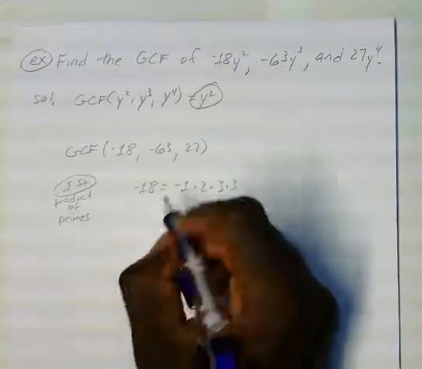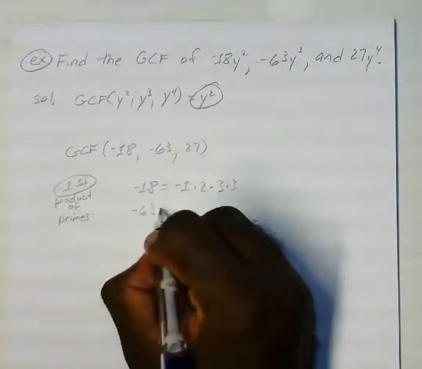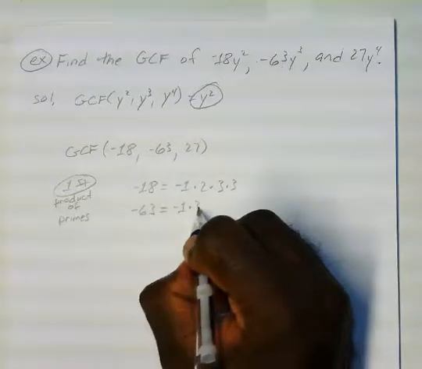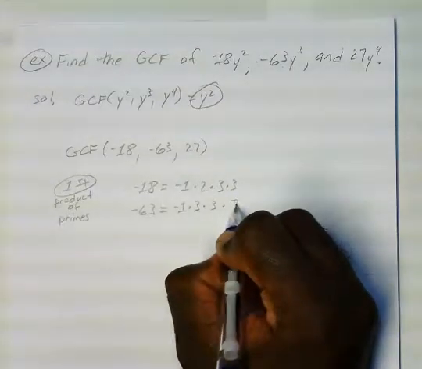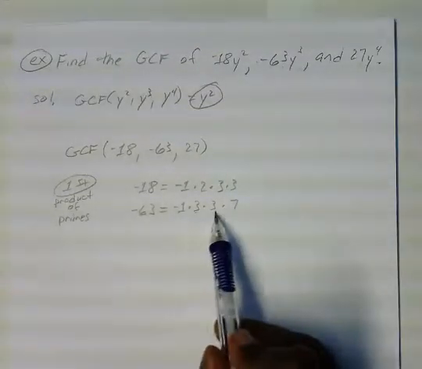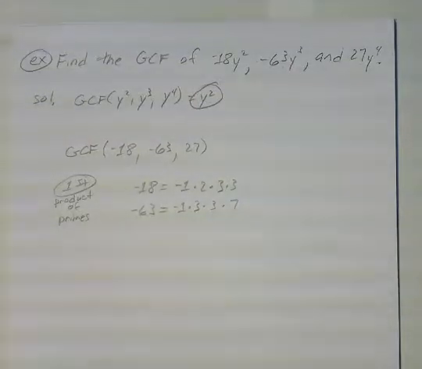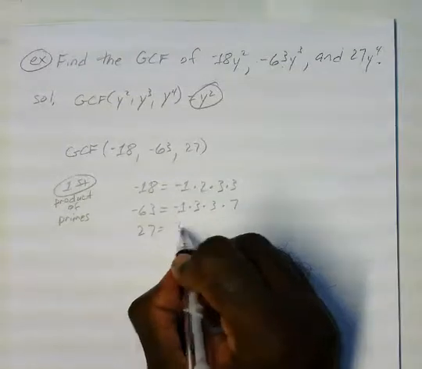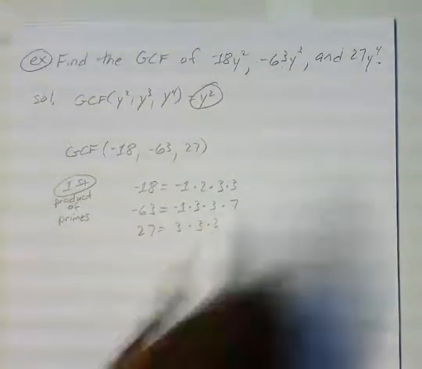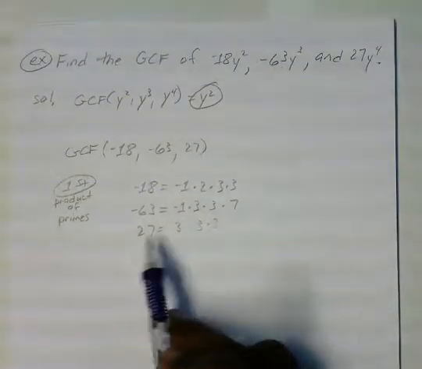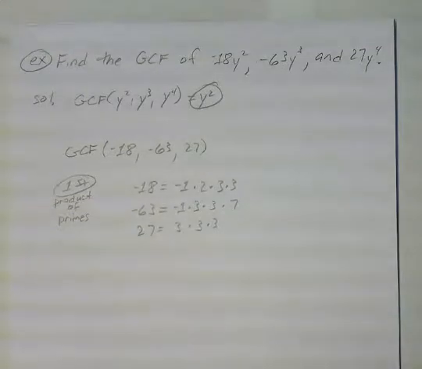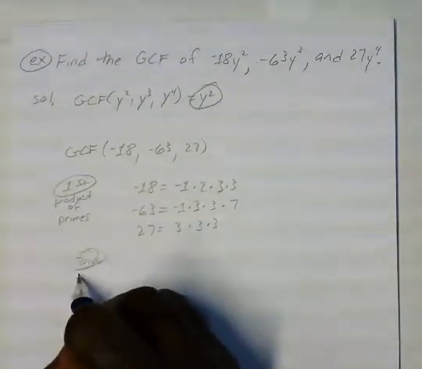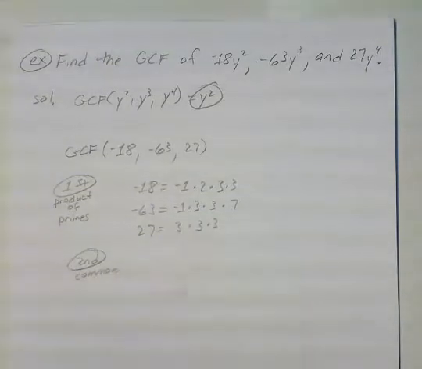Same thing with negative 63. If you do the factor tree, it would be -1 times 3 times 3 times 7, or 9 times 7 is 63 times -1. And 27 would be 3 times 3 times 3, or 9 times 3 is 27, and just factor from there.